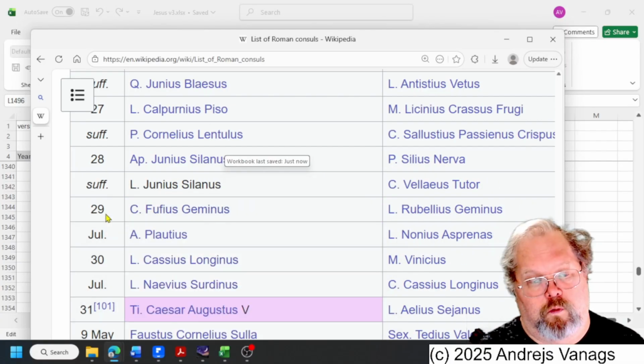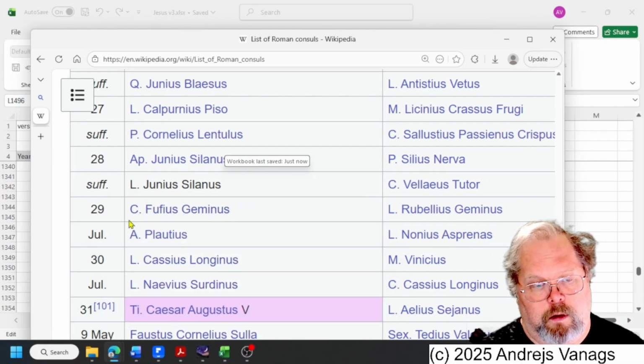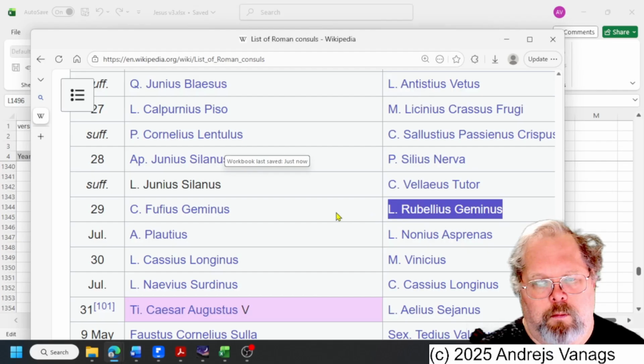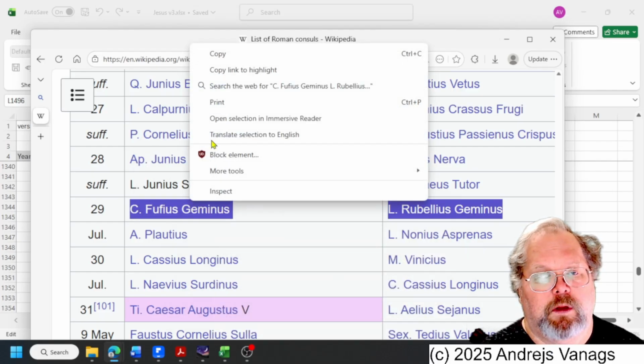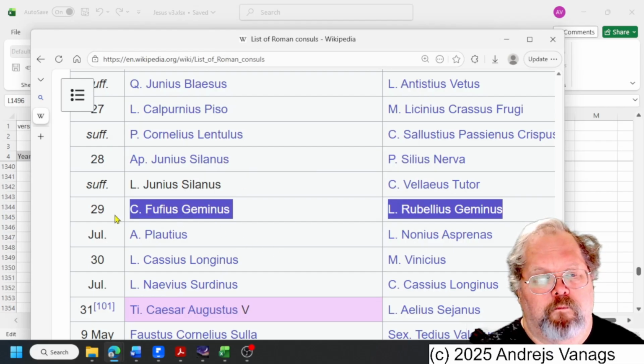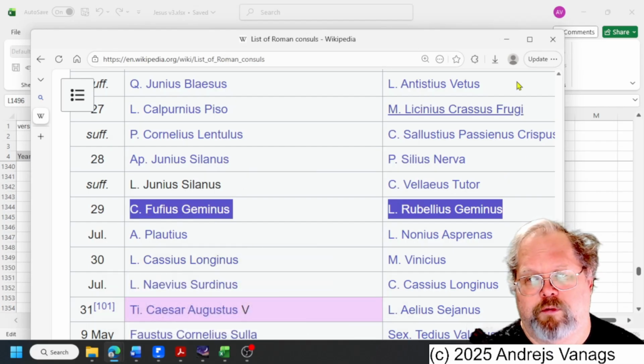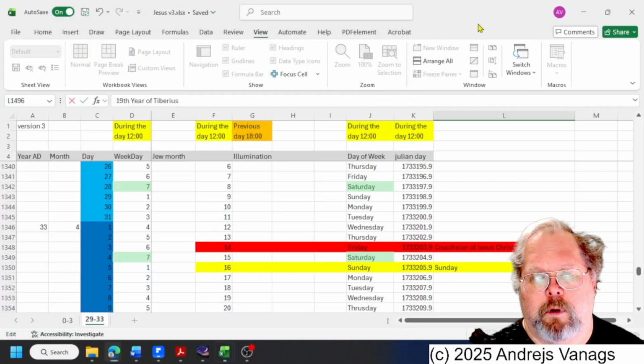So on the first of 29, you have Fufius Geminus and Rubelius Geminus. But the list is incorrect. They shifted to 30.